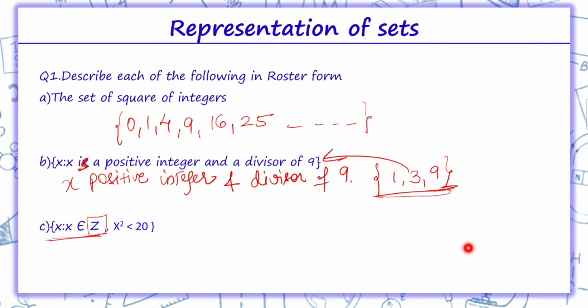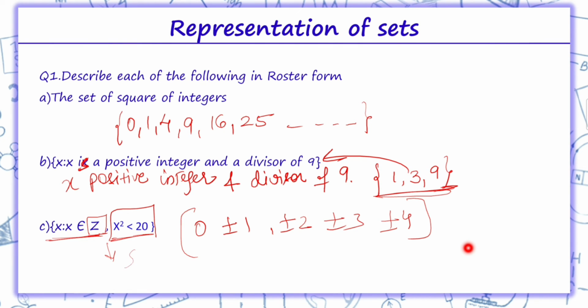As we know, Z means integers. So an integer can be 0, plus minus 1, plus minus 2, plus minus 3, plus minus 4. Since x squared is less than 20, and 4 squared is 16, we'll take up to 4 only. If we take 5, 5 squared is 25, we cannot take it. So its roster form we'll write like this. The set A can be represented as minus 4, minus 3, minus 2, minus 1, 0, 1, 2, 3 and 4.